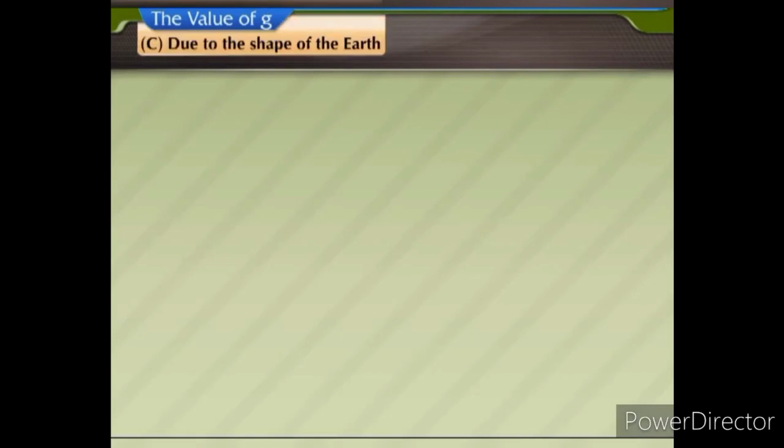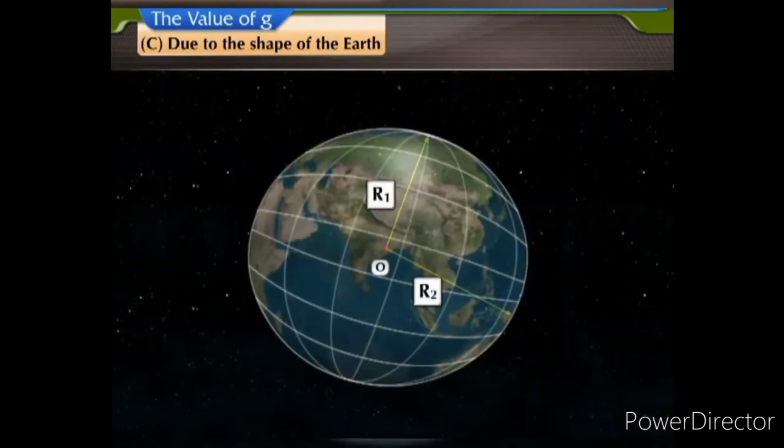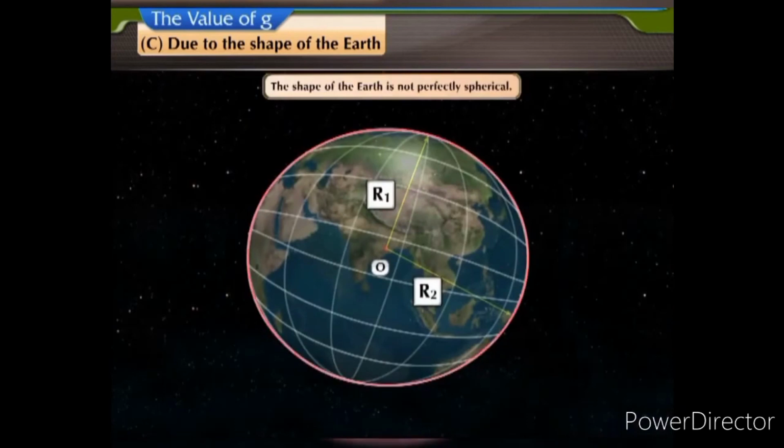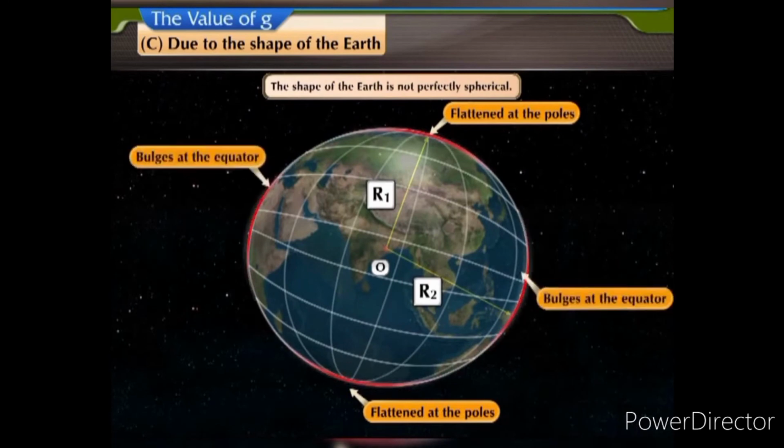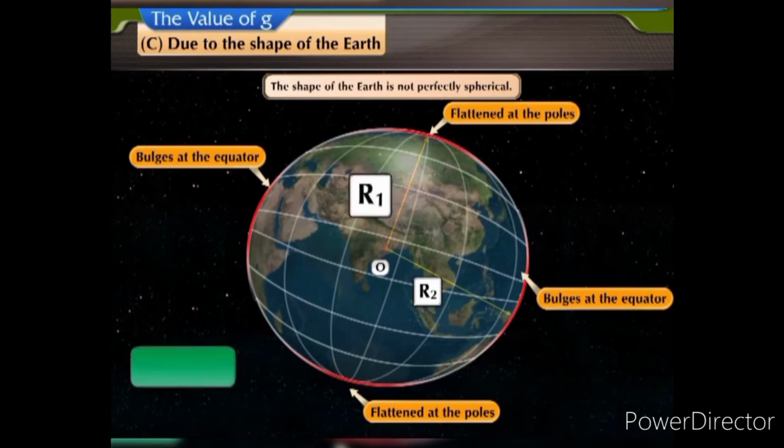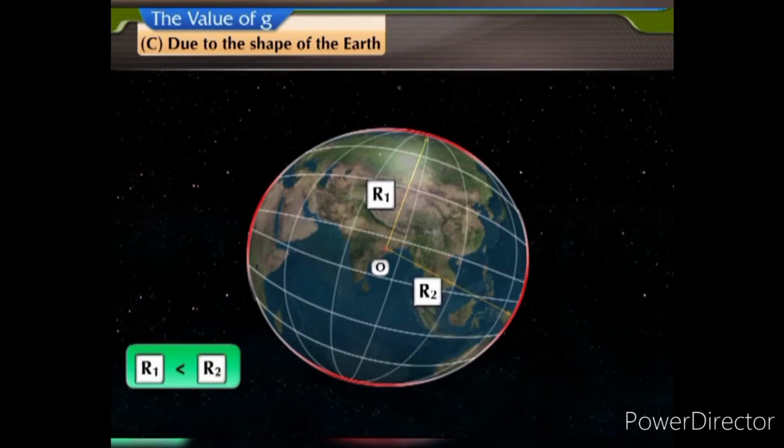C. Due to the shape of the earth. The shape of the earth is not perfectly spherical. It is flattened at the poles and bulges at the equator. Therefore, the radius of the earth at the poles is less than at the equator.